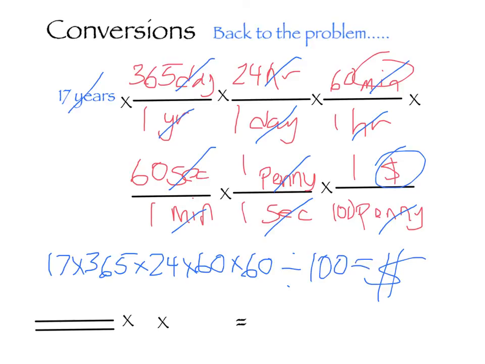So whatever that math ends up working out to be is how many dollars I would have for my answer. Alright, so I did all of the calculations on my calculator, and I got an answer of $5,361,120.